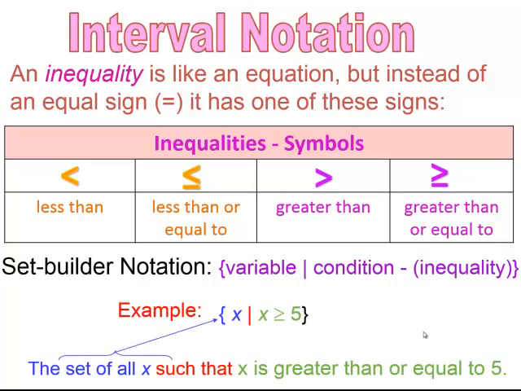So the set of x's, and that bar just means such that, and it gives a description of what my variable would be. So in this case, for my variable x, my x's will be greater than or equal to 5, which means that x is going to be 5, 6, 6.7, so on. So it's every value that is greater than or equal to 5.